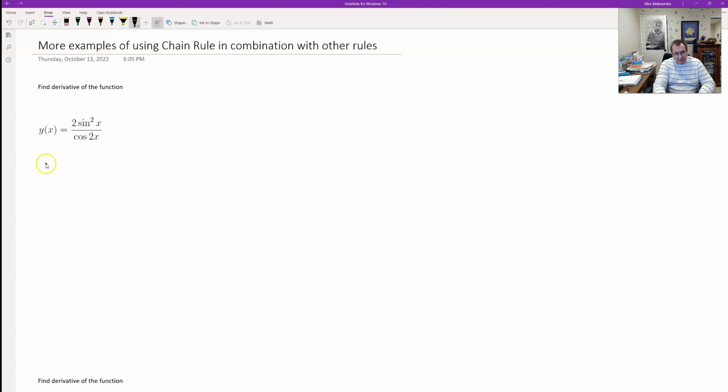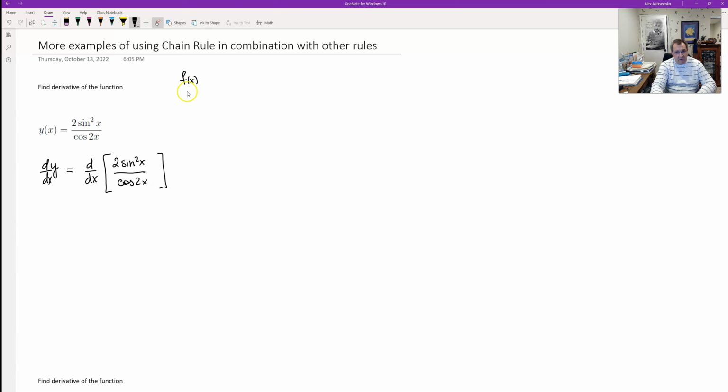So we would like to find the derivative of function y with respect to x. And that means we need to take derivative with respect to x of this fraction: 2 sine squared x over cosine 2x. And the first formula to use is the quotient rule.